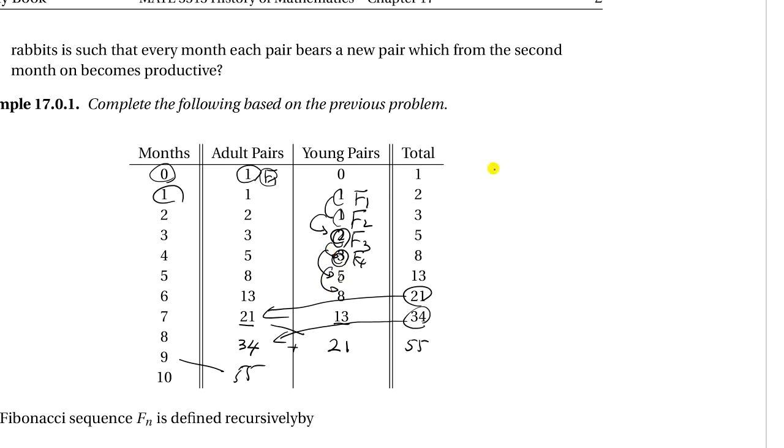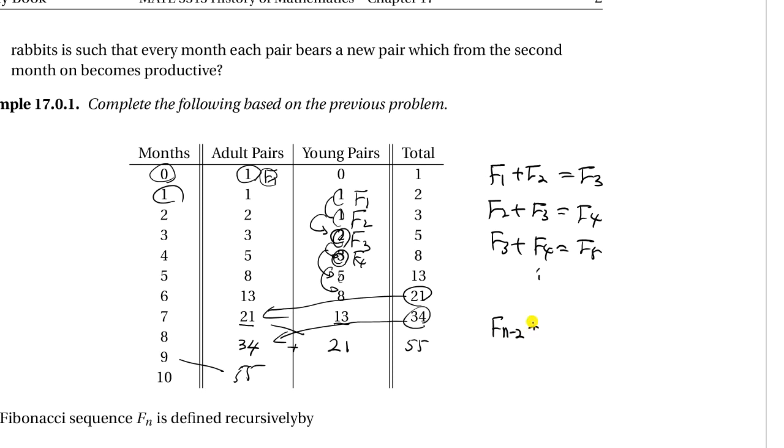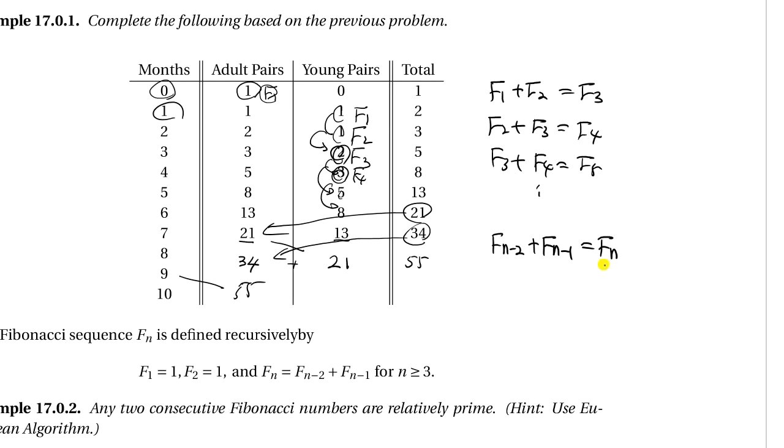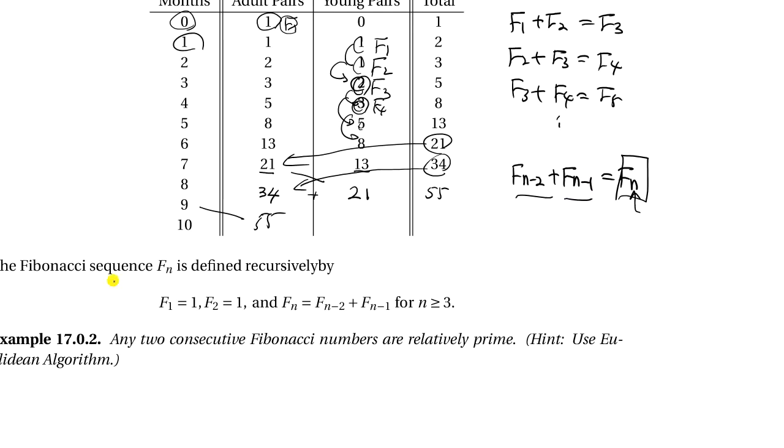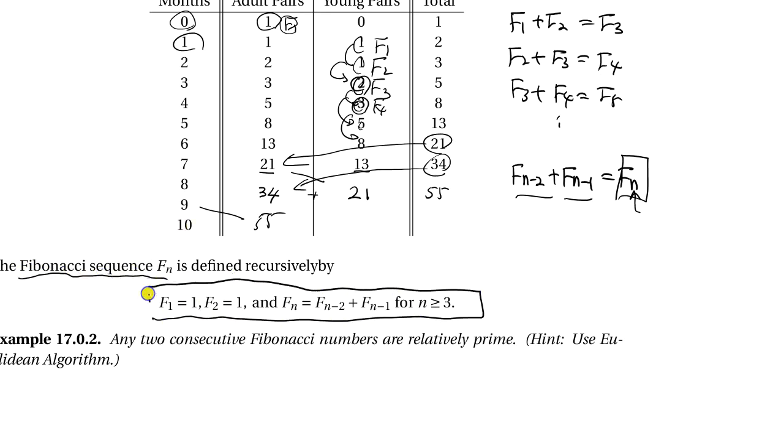So F1 plus F2 equals F3, F2 plus F3 equals F4, and F3 plus F4 equals F5. In general, F(n-2) plus F(n-1) equals F(n). No matter what the index is, all we need is the two previous values. This is the typical way to define the Fibonacci sequence Fn.